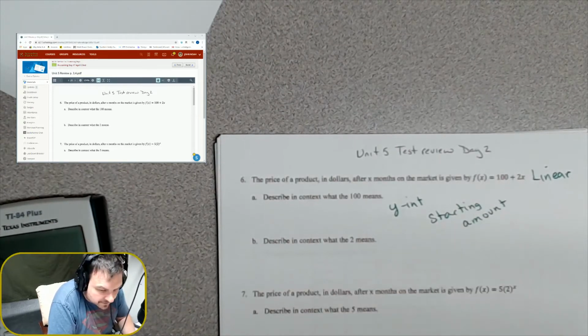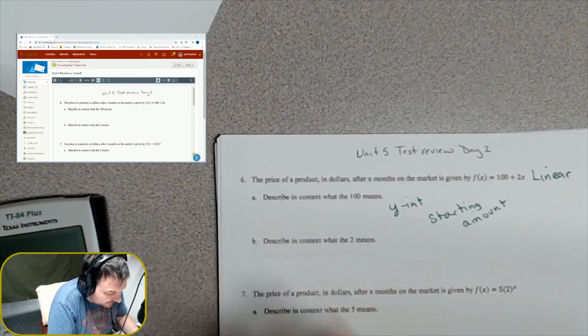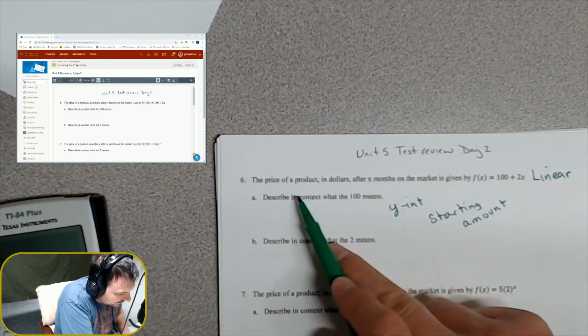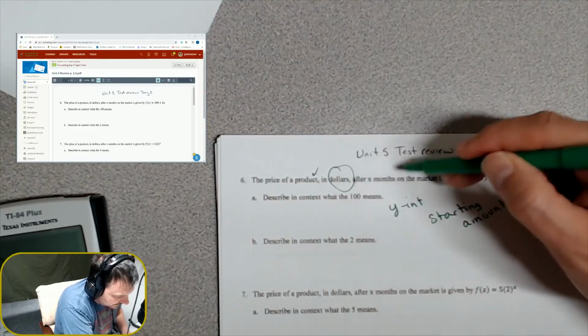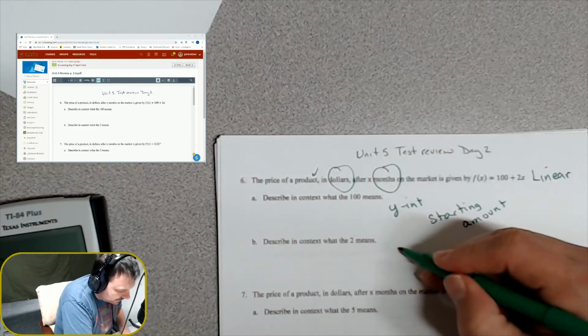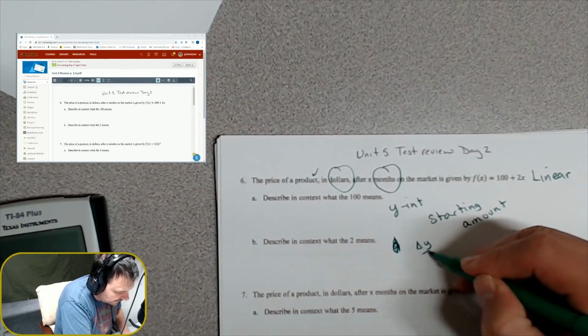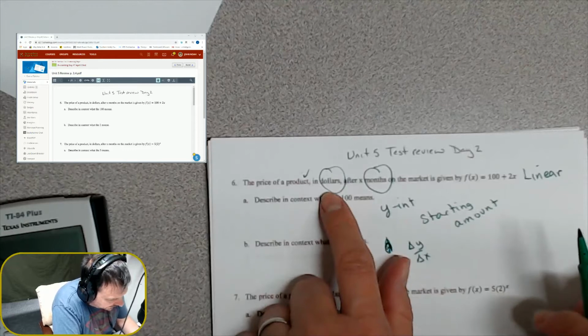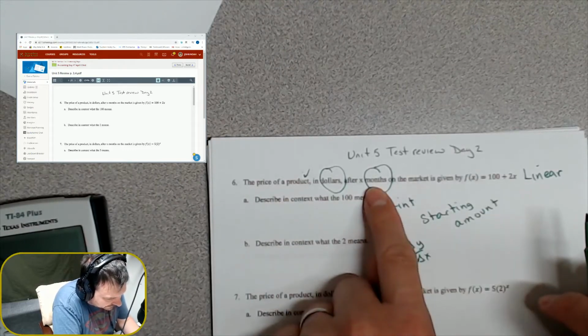What's plus 2? Okay, what does 2 mean? It's positive, so it's going up. So in our case, the units are price, dollars here, and months. And remember, it's change in y. Use a little triangle. Change in y over change in x. So y is dollars. The function is dollars. x is months.